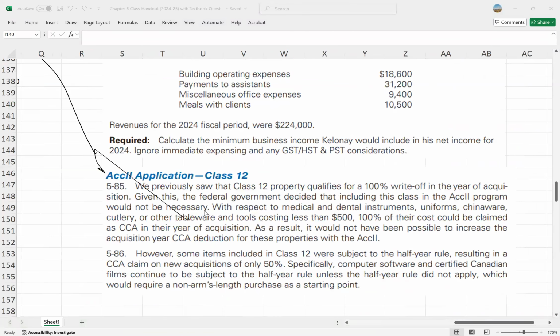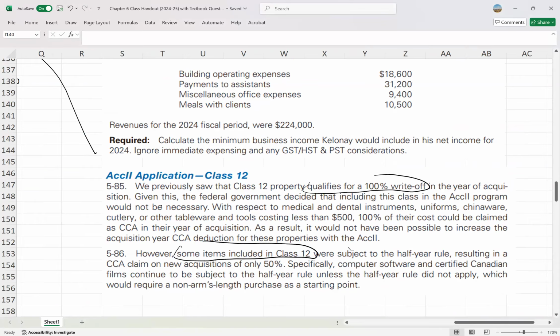So for class 12, qualifies as 100% write-off. However, some items included in class 12 are subject to the half-year rule, resulting in only 50% of CCA that can be claimed. These items that have this half-year rule are computer software and certified Canadian films.